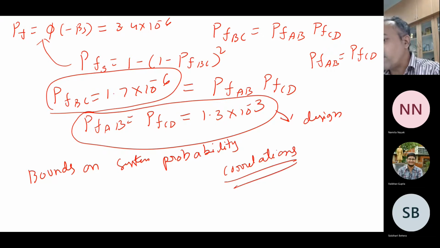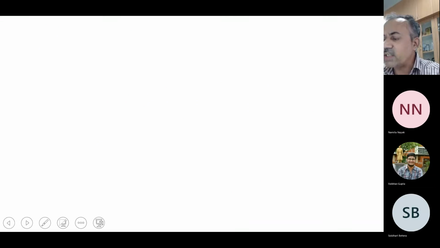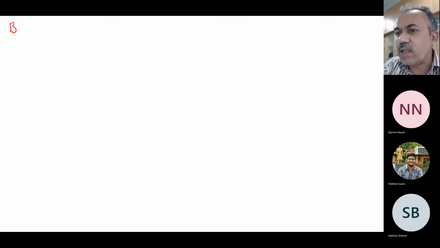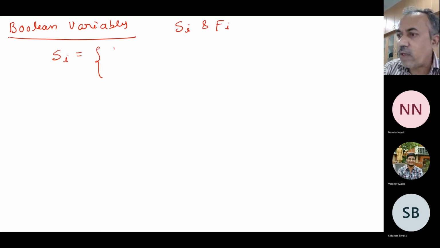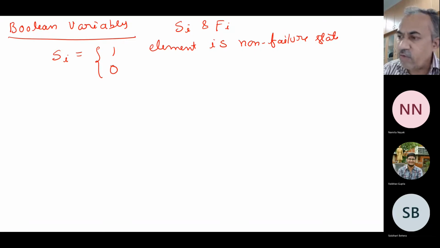Here we will slightly change our notation using Boolean variables. Very simple thing, like a set. We will define two variables, Si and Fi. Si for the ith element is defined as 1 or 0: the element is non-failure, it is safe, or the element is in failure state.